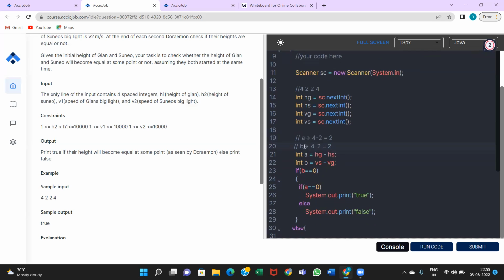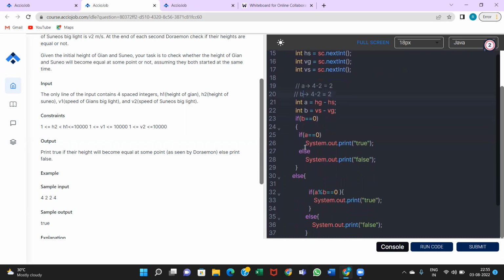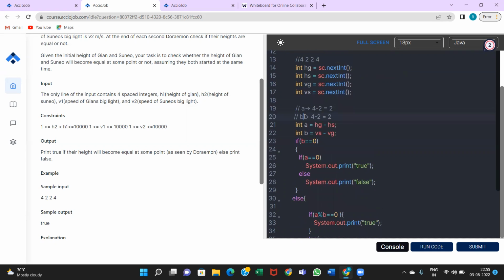Now here you could see that B is a factor of A. If I want to check this, how will I do it? First of all, I'm checking whether the value of B equals 0. As we already discussed, if the velocities are the same, then the original heights are also supposed to be the same. Otherwise, it's not possible to achieve the same height in future. So if both velocities are equal, I'll check whether the original heights are also equal.